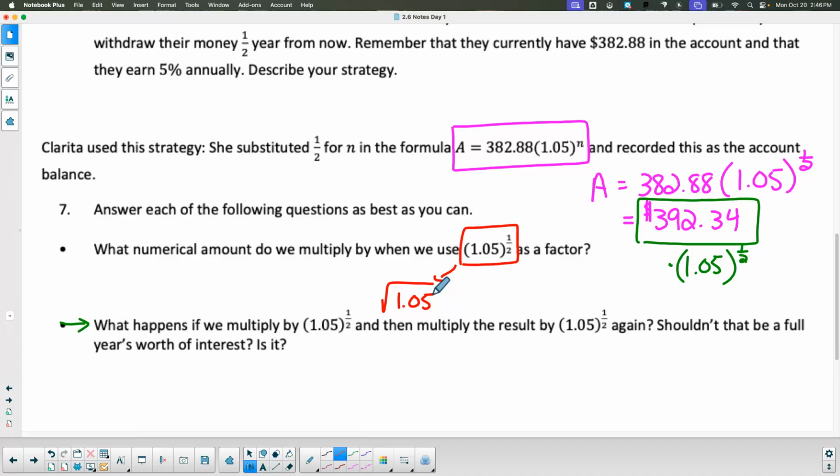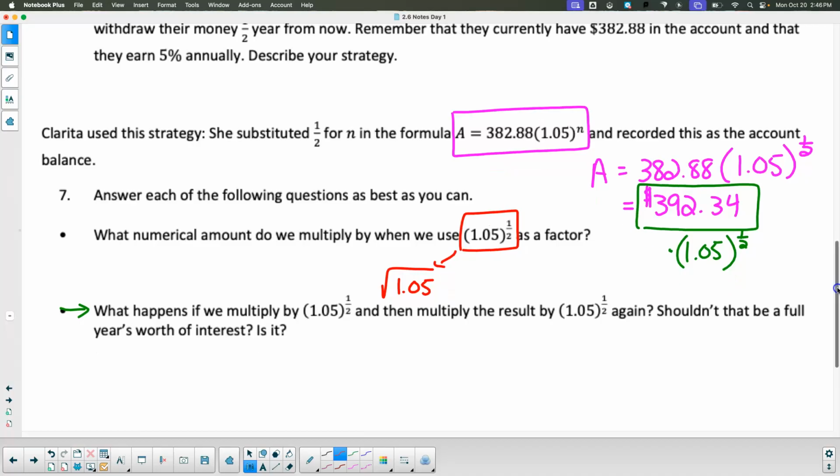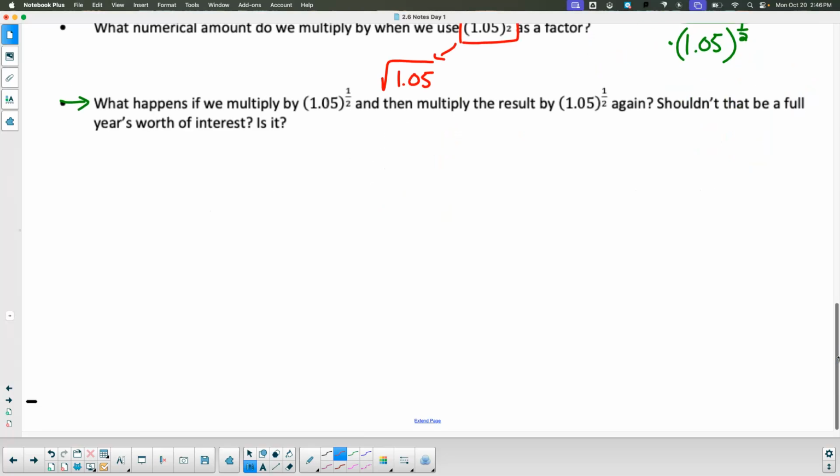And if you think about it here in this green one, 1.05 to the 1/2 power times 1.05 to the 1/2 power is 1.05 to what power?